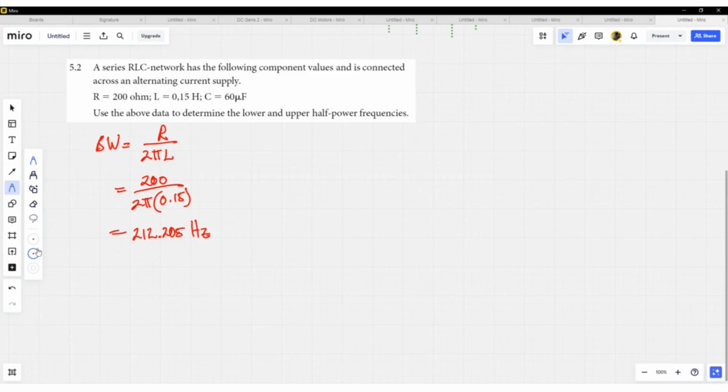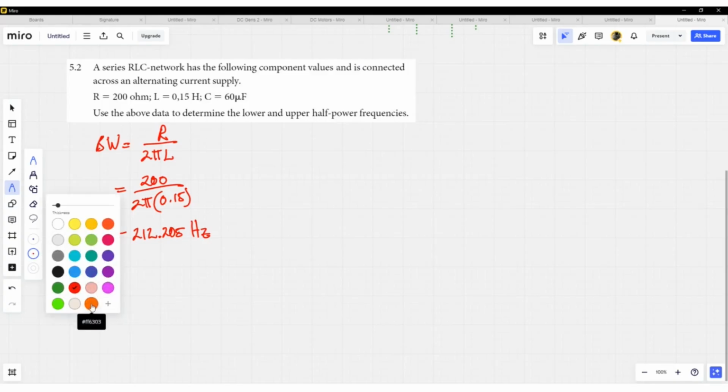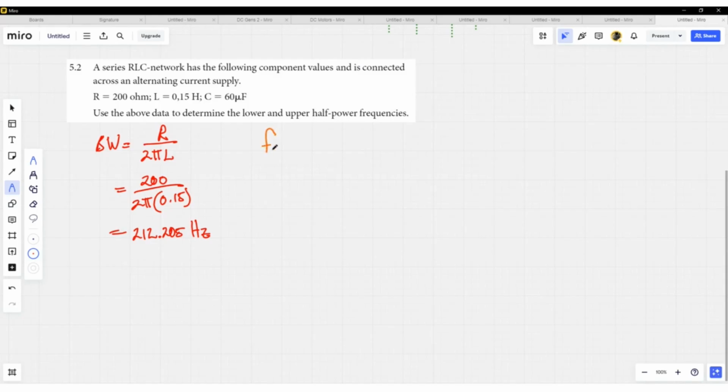So that's done. But now we need the upper and lower frequencies. For the upper frequency, that's just going to be your bandwidth divided by 2 plus your resonant frequency.